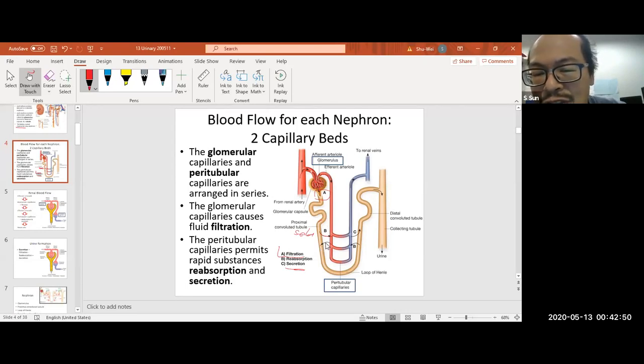And the major secretion has two parts. One is acid. If our body is too acidic, our kidney regulates it by secreting hydrogen. And potassium. This potassium secretion is controlled by aldosterone.